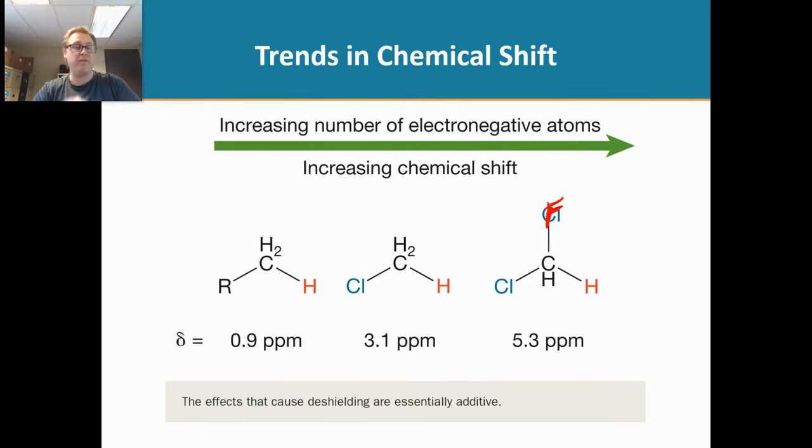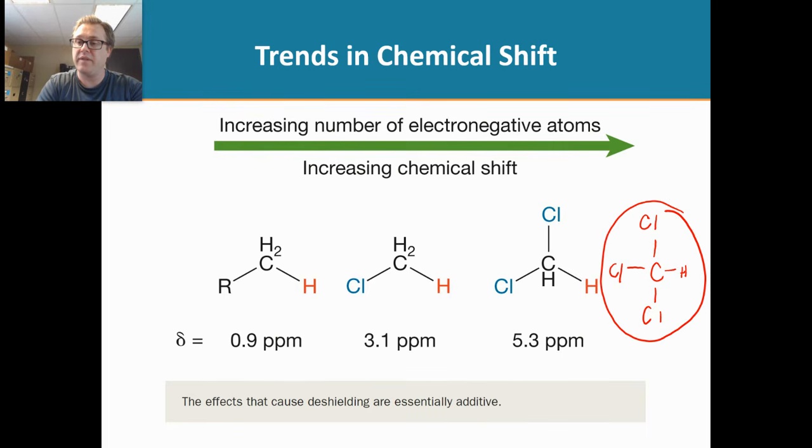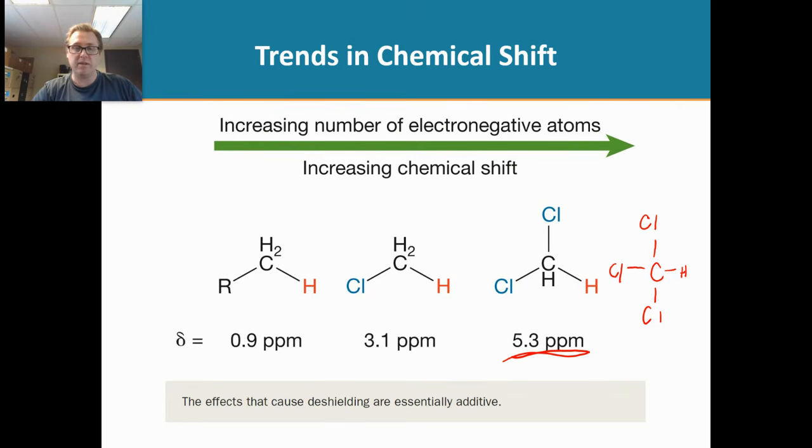It would just get further and further downfield. And if you had something like this, that would be even further downfield than 5.3 parts per million. So it's an additive process.